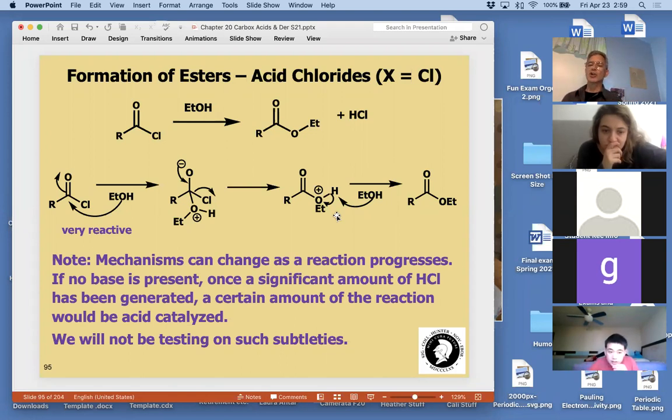I'm not going to worry about such subtleties, but I want you guys to have a better awareness of the complexities that go on. So mechanisms can change because the reaction conditions are changing, because you're generating HCl. If I ask for a mechanism, you can absolutely ignore this. And if you actually showed me a mechanism catalyzed by HCl for this, I'd give you credit. Because at the end, hey, that works too.